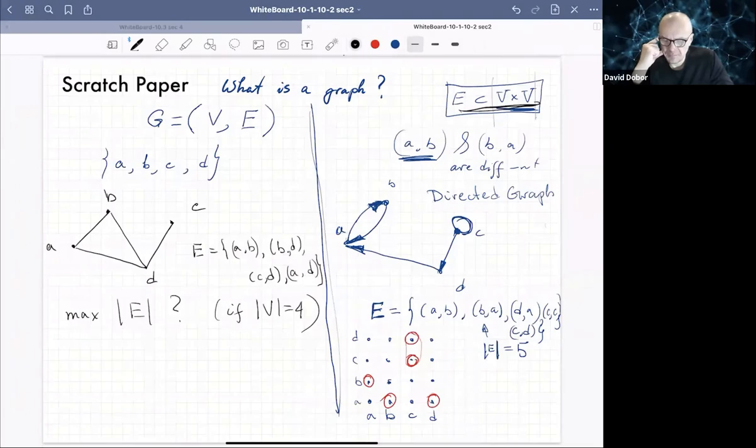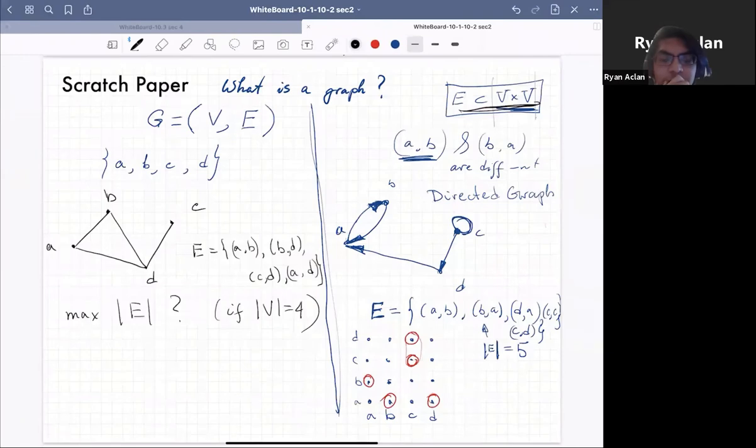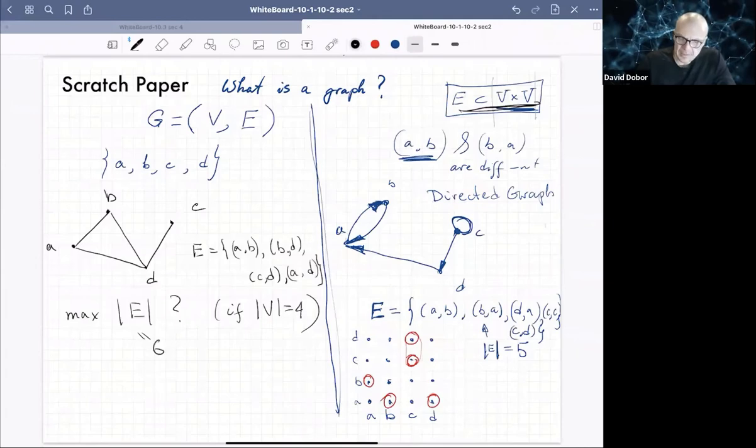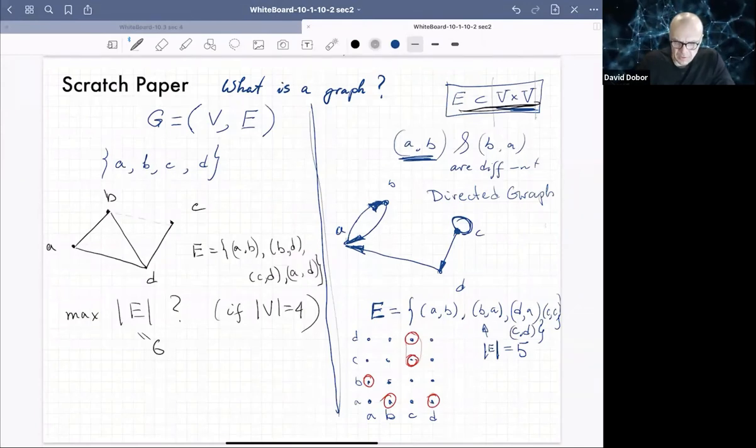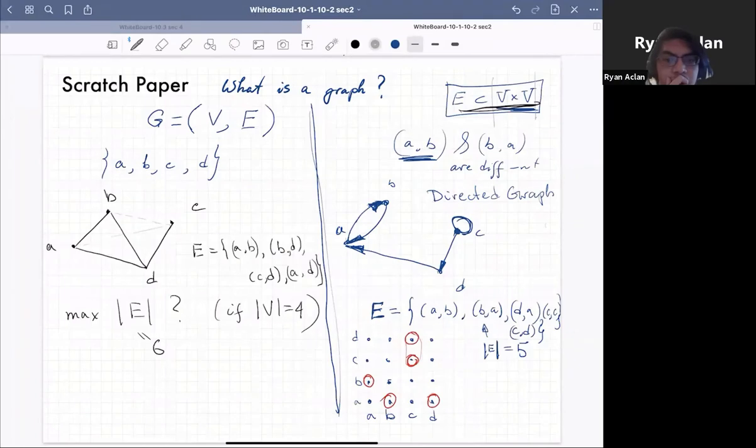It's just 8. Why is it 8? Which 8? Oh wait, no. It's 6. Okay, it's 6. And which 6 are these? The ones that are drawn and 2 more of these. This accounts for all possible edges.